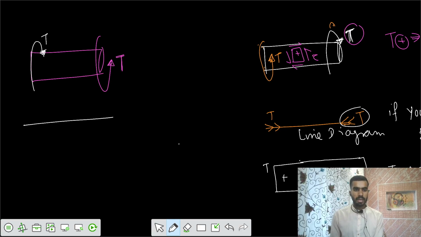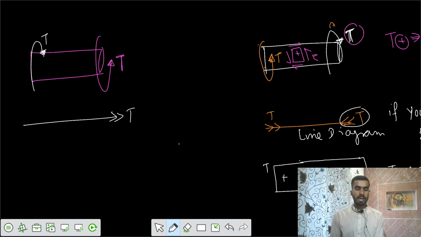Now to make the line diagram, you are applying an anti-clockwise moment, so you rotate your right hand in the anti-clockwise manner, and your thumb points away from the section.